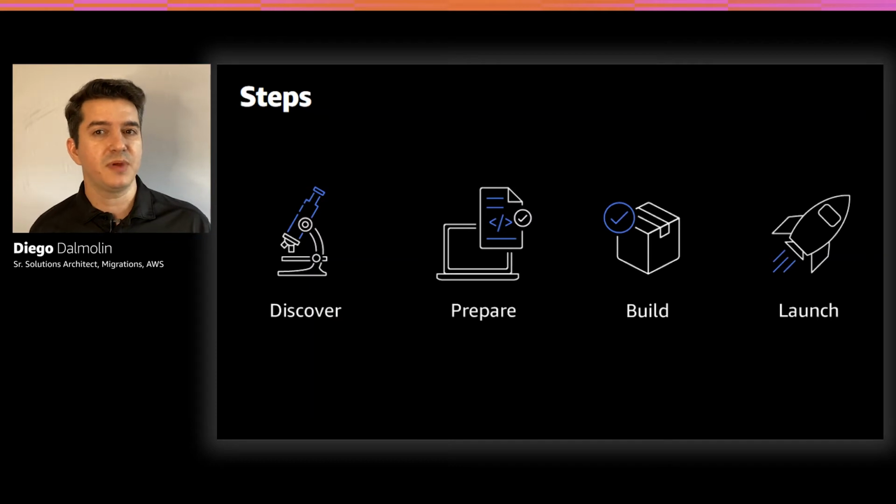Then you have to prepare the application before creating the container, making some small changes to make it more container-friendly. The third step, you build the container and publish it in a container repository. And finally, you launch the application and put it into operation.